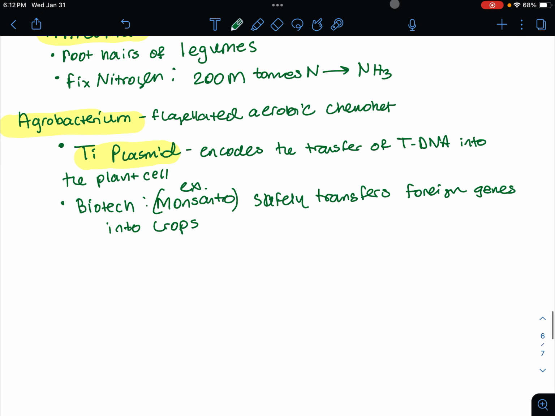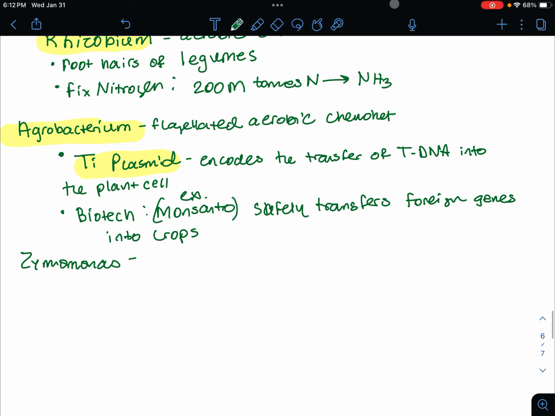More alpha division, we're going to go to Zymomonas. These are going to be found in the sugar-rich plant extracts such as palm, wine, sugarcane, and cider. They use fermentation or respiration.